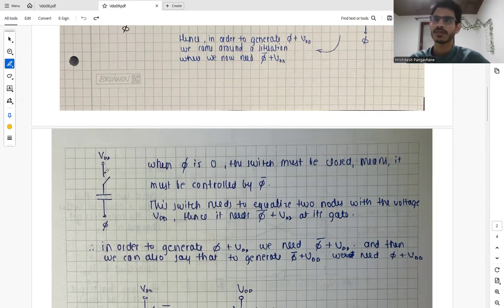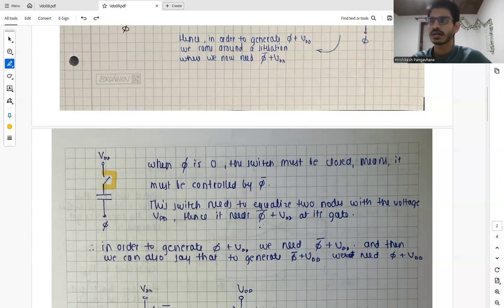This means if we are implementing an NMOS over here, then in order to close this switch, it must be controlled by phi bar. But again, the switch needs to equalize these two nodes with the voltage VDD.